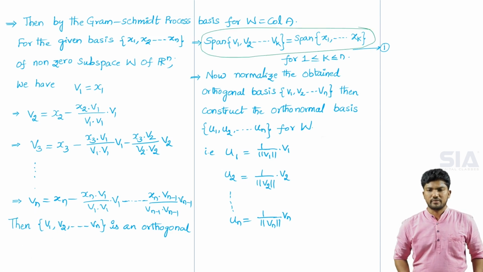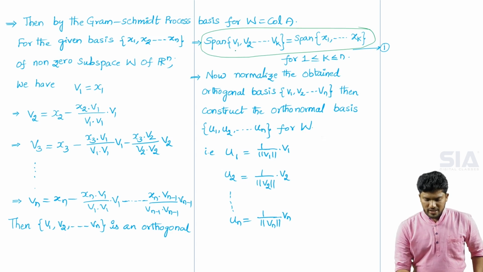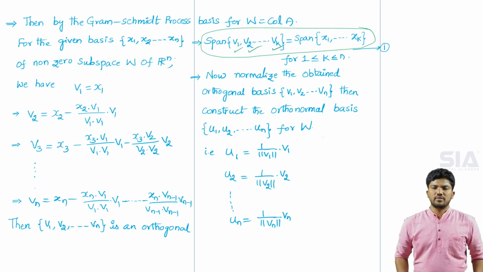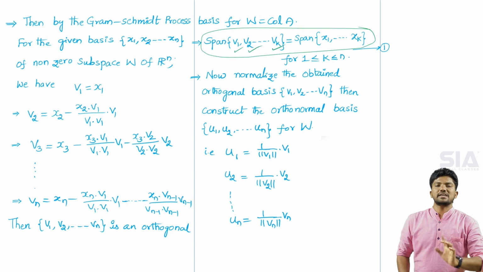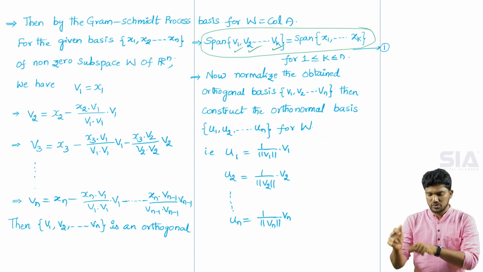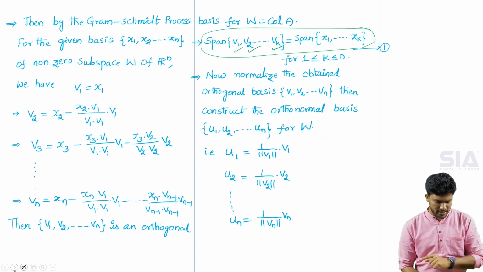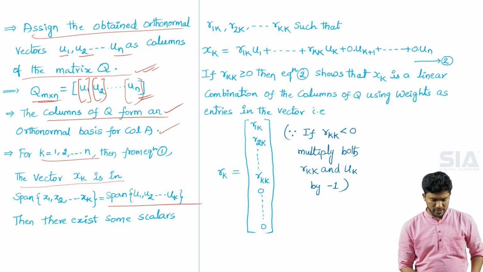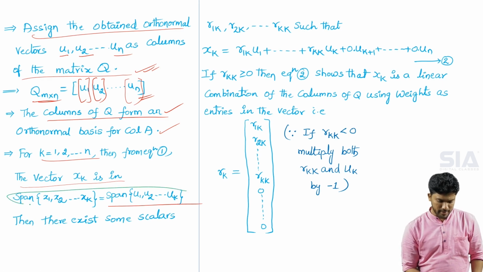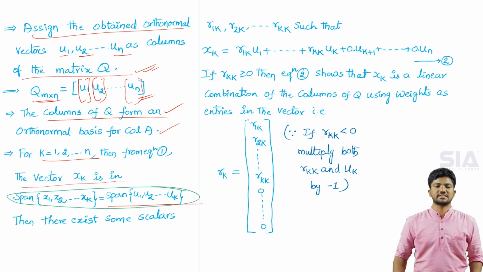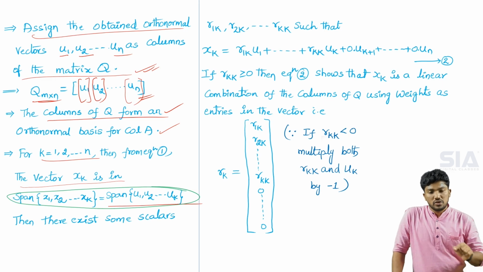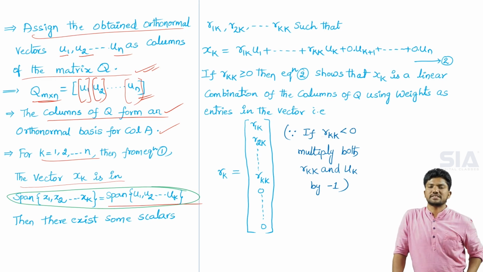In this equation number 1, in place of the orthogonal vectors v1, v2, up to v suffix k, we are replacing u suffix 1, u suffix 2, up to u suffix k. So in this format we can write span of x1, x2, up to x suffix k is equal to span of u suffix 1, u suffix 2, up to u suffix k.